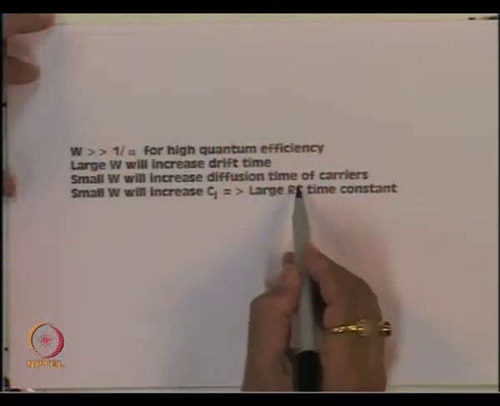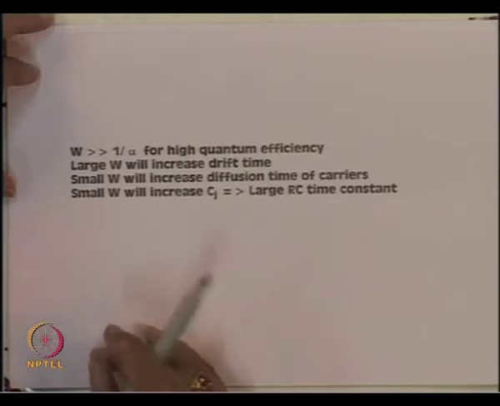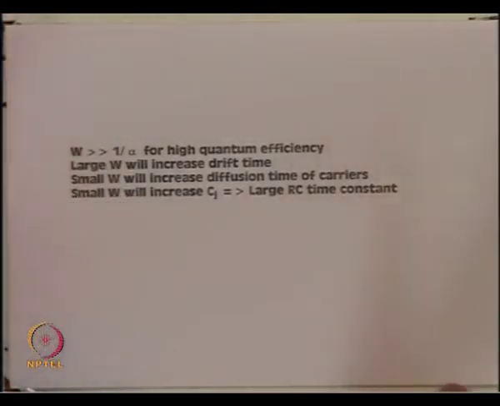A small W, however, will increase the diffusion time of the carrier. If you reduce the value of W, then a substantial number of photons will get absorbed outside the depletion region, and the carriers have to diffuse to the depletion region first, and then they will drift in the presence of the electric field.